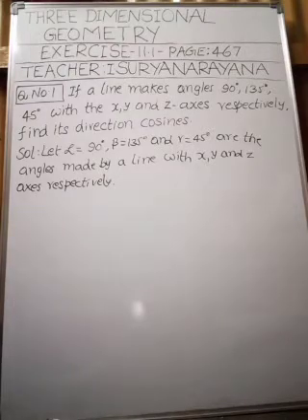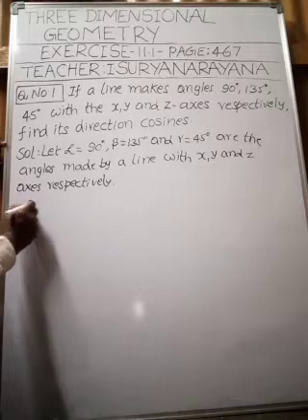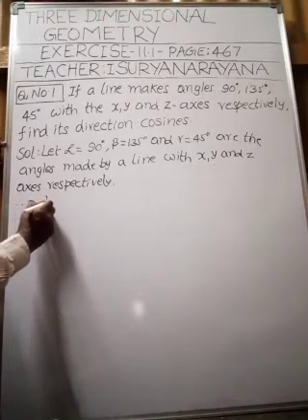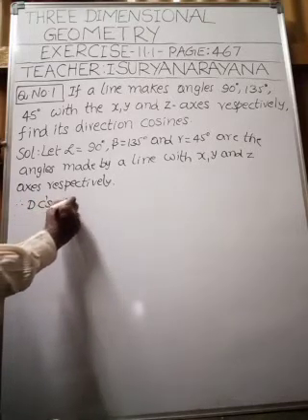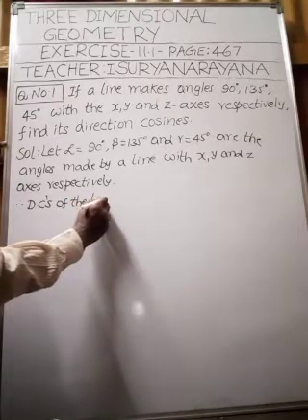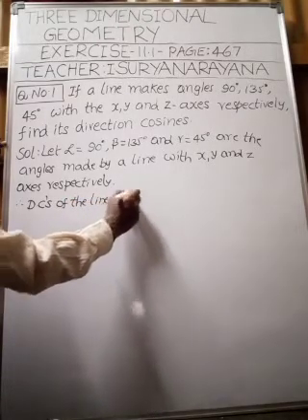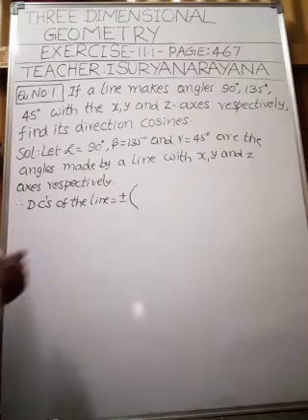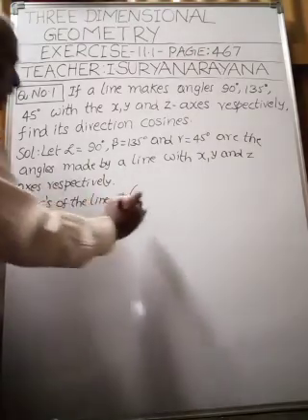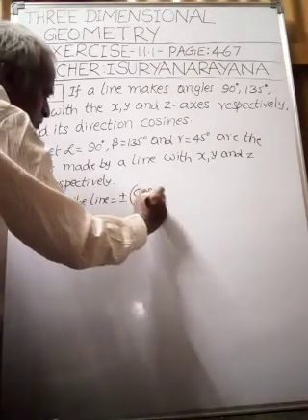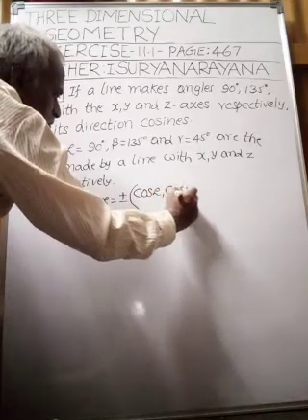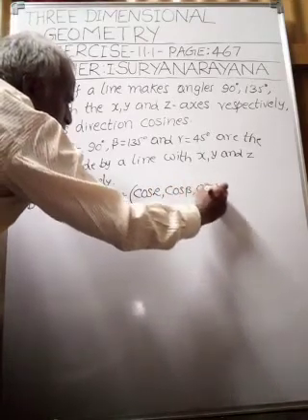Therefore, direction cosines DCs of the line is equal to plus or minus the ordered triplet cos alpha, cos beta, cos gamma.